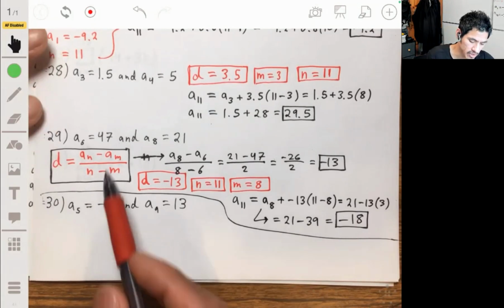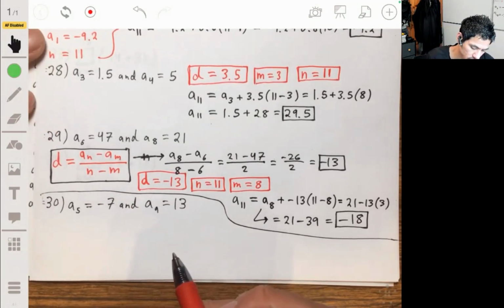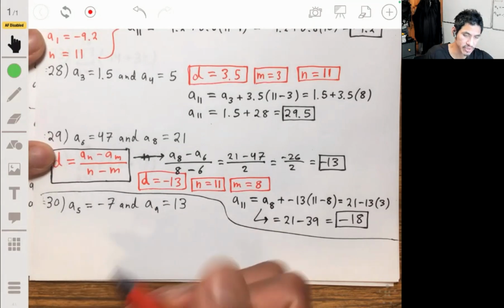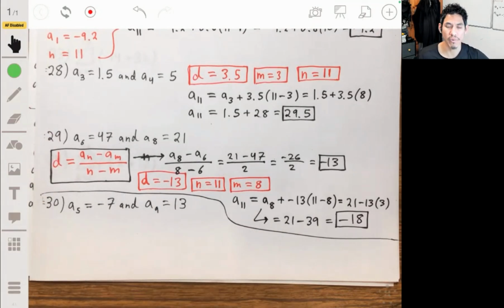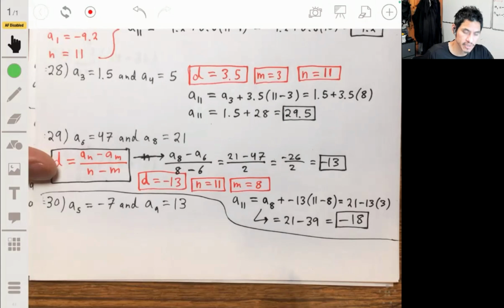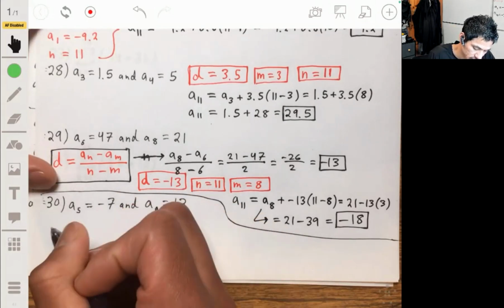All right, one more example of these ones here. We're given now A5 and A9. So we're given terms that are 4 away from each other in terms of their place in the sequence.